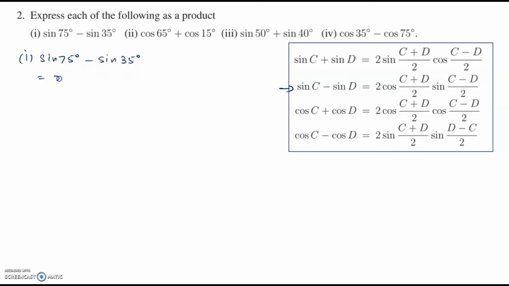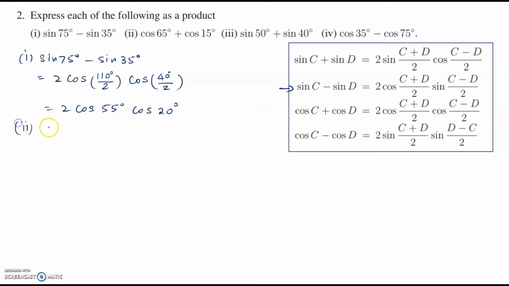So this is equal to 2 times cos of C plus D, 75 plus 35 degrees, which is 110 degrees, divided by 2, and sine of 75 minus 35 degrees, which is 40 degrees, divided by 2, which is equal to 2 times cos 55 degrees sine 20 degrees.